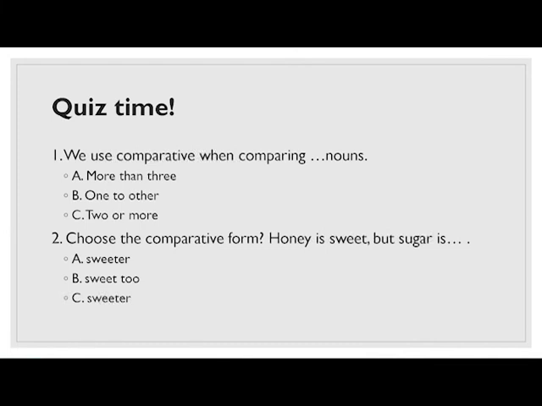Of course, it is when we use one or more adjectives to compare them. Question 2. Choose the comparative form. Honey is sweet, but sugar is A, sweeter. B, sweet to. C, sweetest. So in this sentence, the C is meant to be sweetest, but the correct answer is A, sweeter.